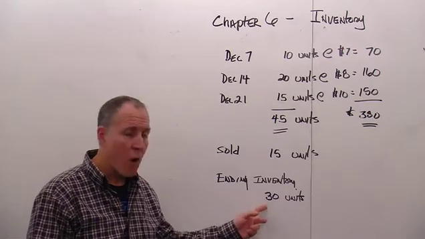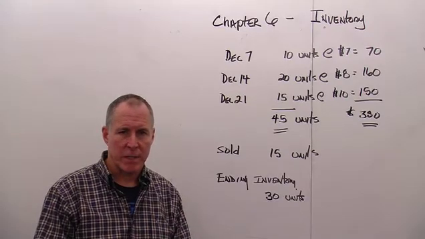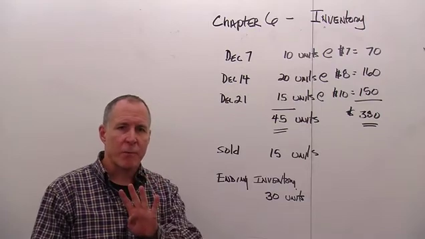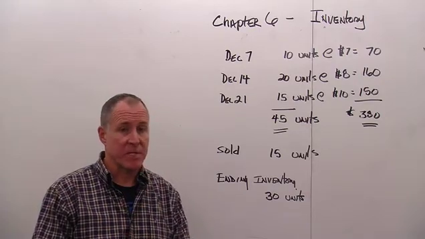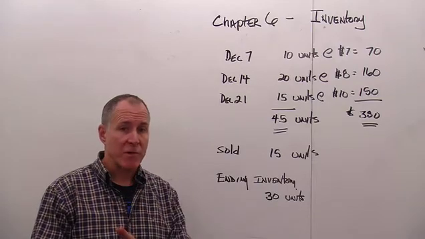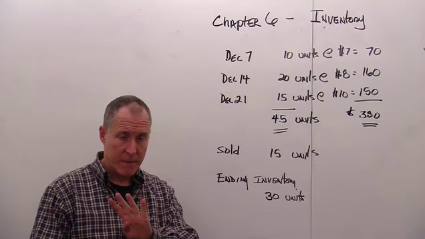Now that's the quantity. So we know that we have 30 units in inventory, and we need to price that out. There are 4 ways to price that out: 1 would be the specific ID, 2 would be the weighted average, 3 the FIFO, and the 4th is the LIFO method.